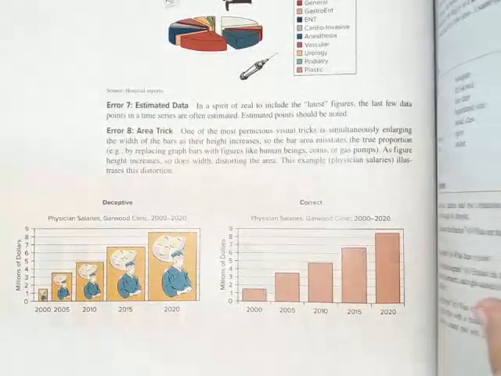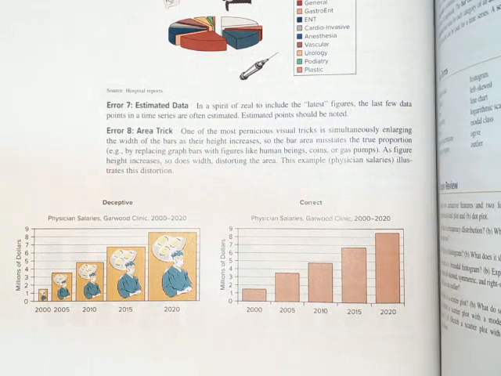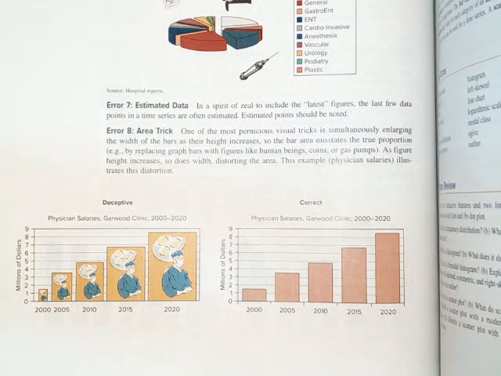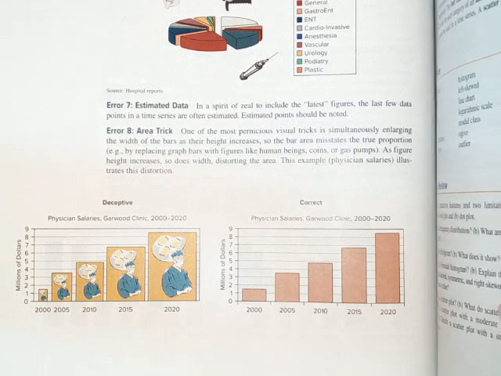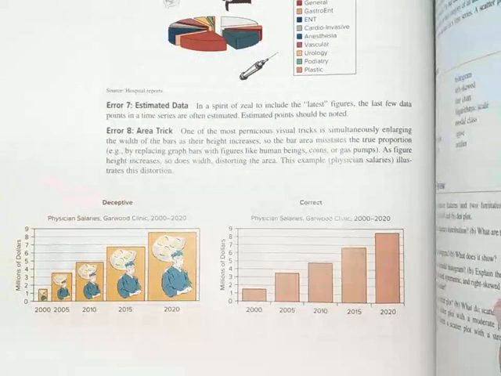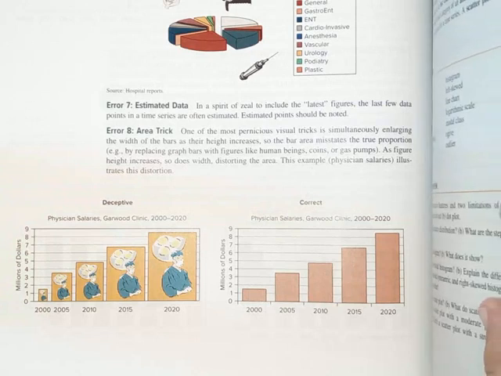Other images of this one, the data on the right are the same. How did they do that over there? They only made the bar wider. That suddenly makes the change look even bigger.